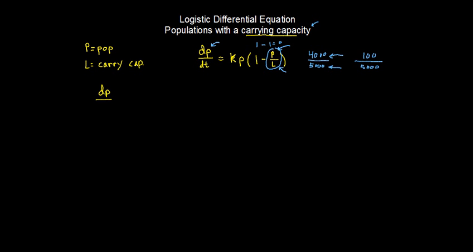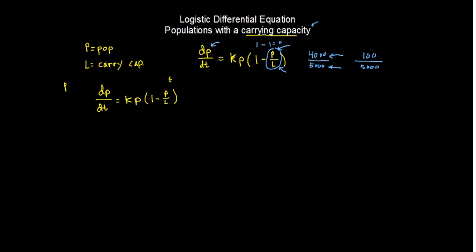The change in the population with respect to time is equal to some constant K times our population times 1 minus P over L. And so our goal is to take the integral of both sides here, but before we do that, we have to separate our variables. We're going to get all the P's on the left and all the T's on the right, even though there are no T's.